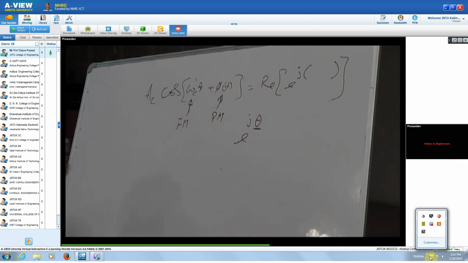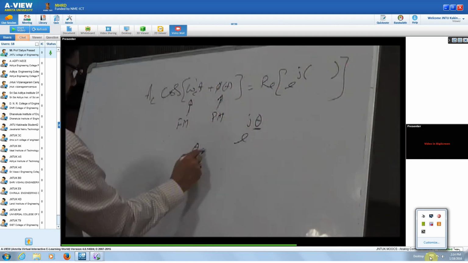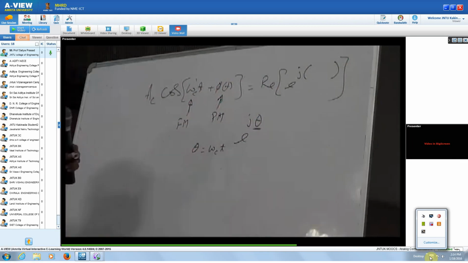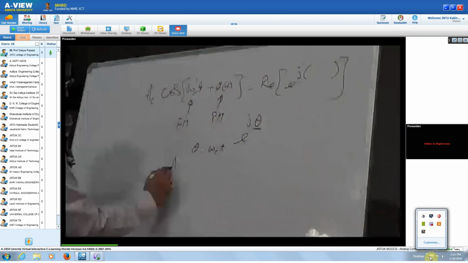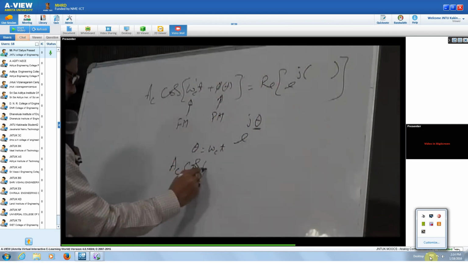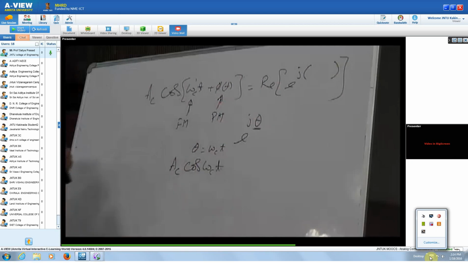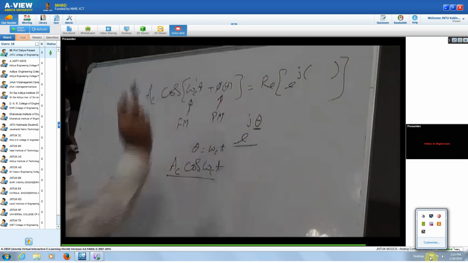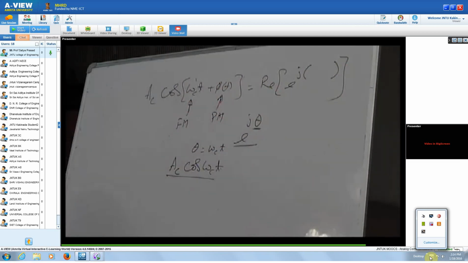If you say that theta equals omega_C t only, that is, the phase is 0, then what we are having is A_C cos(omega_C t). So what does it mean? This A_C cos(omega_C t) is nothing but the real part of e power j theta with theta equal to omega_C t.